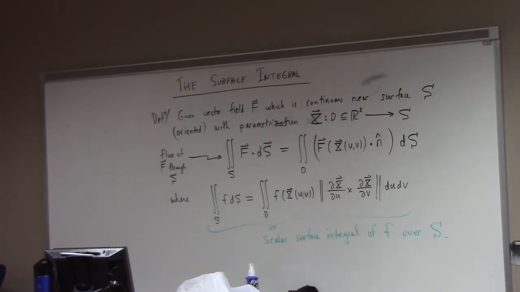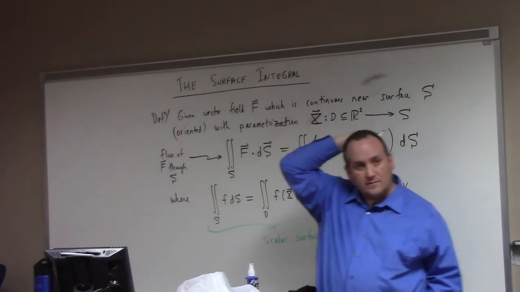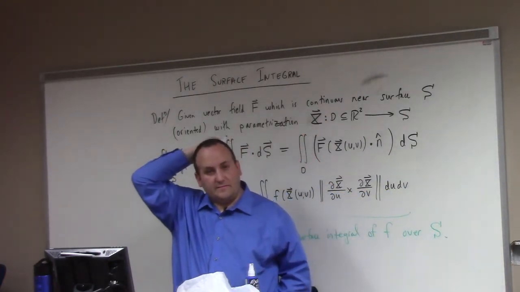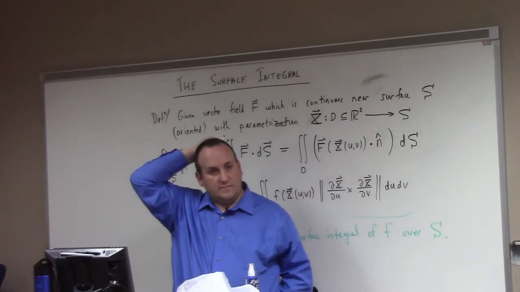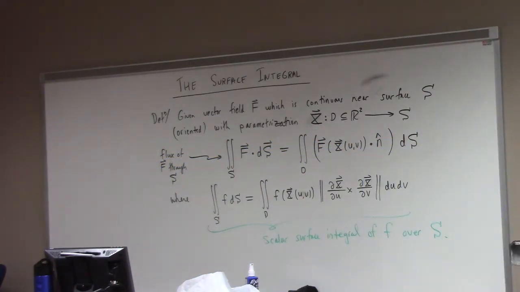What's this a formula for, actually? What do you think it should mean, the integral of 1 dS? Not the integral of little ds over the curve, which was arc length, right? Yeah, this should be the surface area of S.